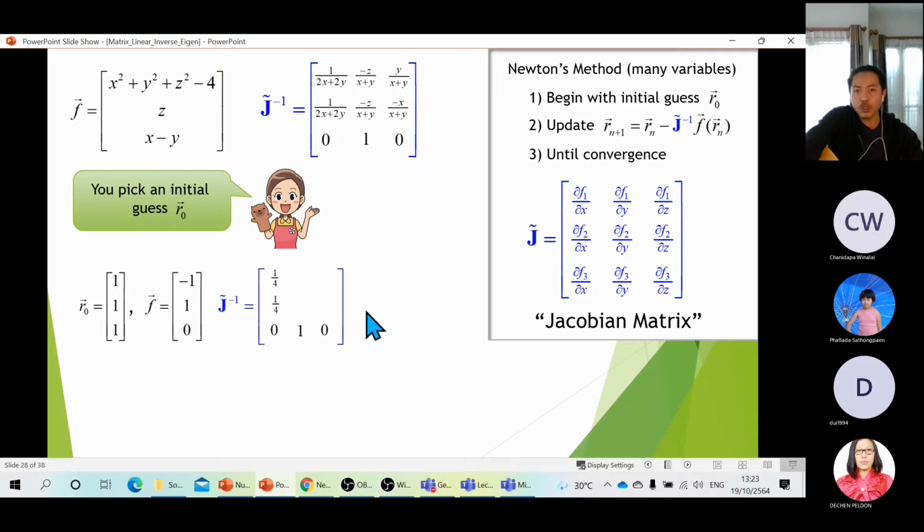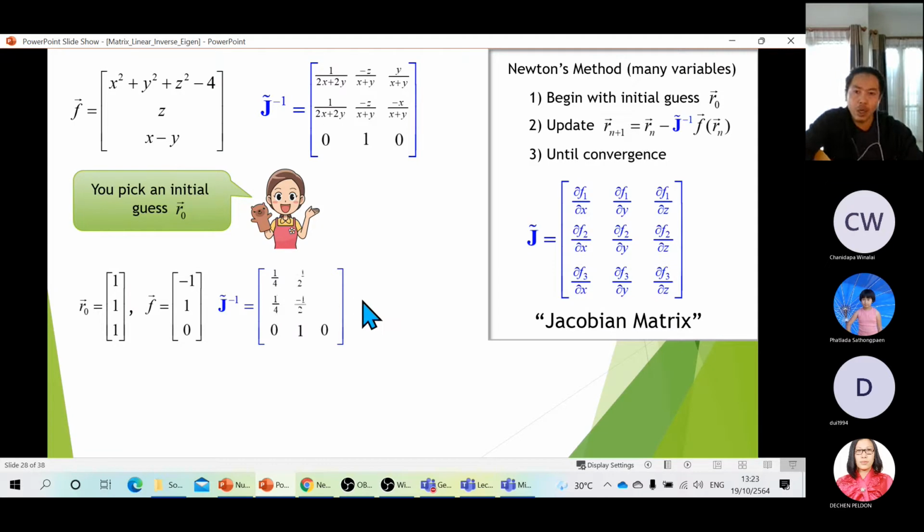So we do this substitution. You get 1/4. For example, you have 1 divided by 2x plus 2y, but since x is 1 and y is 1, we have 1 divided by 4 in this case.